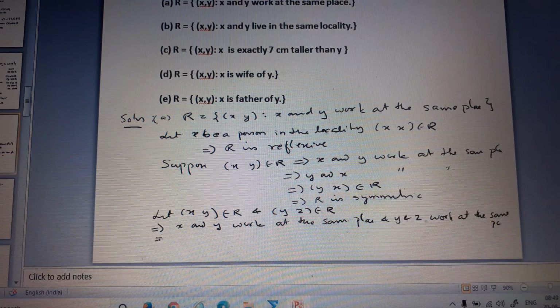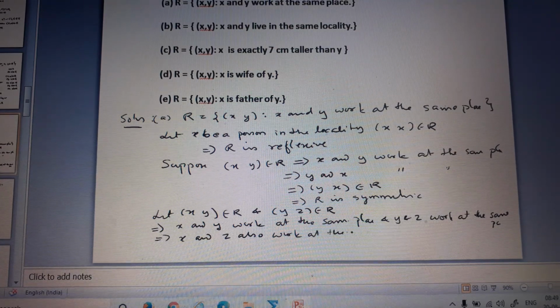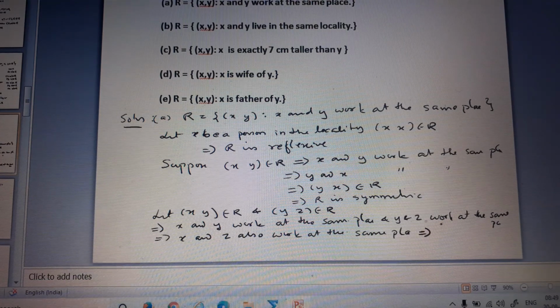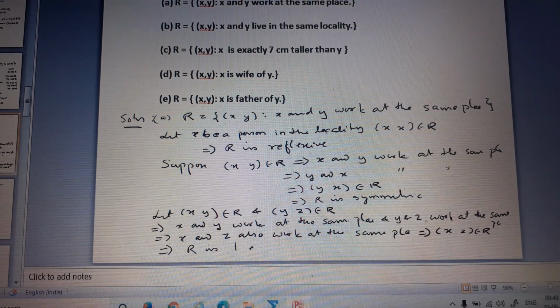This implies x and z also work at the same place. This implies (x, z) belongs to R. So R is transitive. This is a good example which shows it is reflexive, symmetric and transitive.